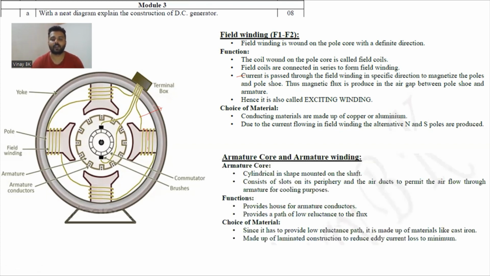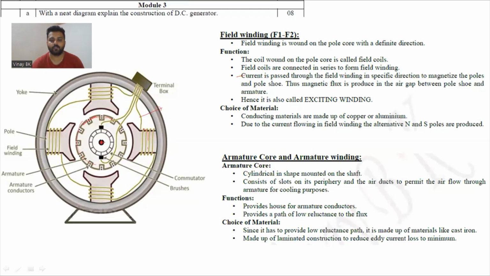Similarly, next we have the armature core and winding. The armature core is a cylindrical shape, and you can see here the shaft on which it is mounted.